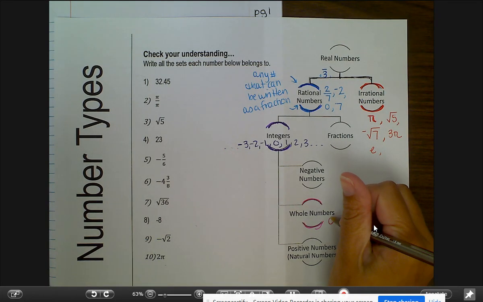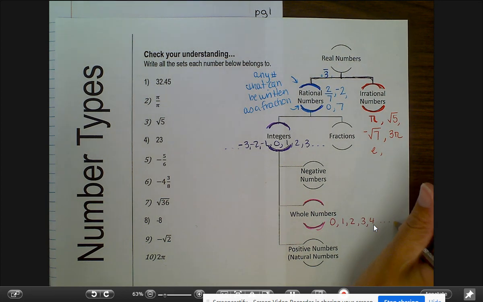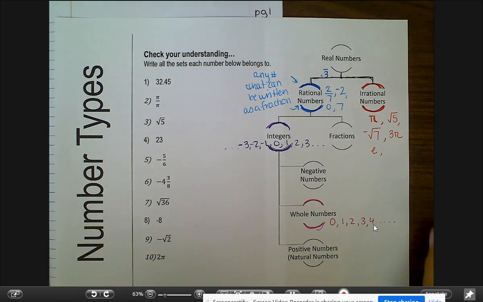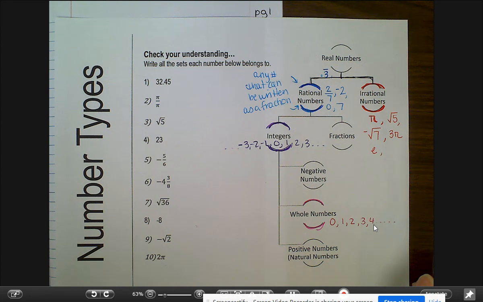So the numbers 0, 1, 2, 3, 4, and so on. Whole numbers are super nice because you don't have to deal with negatives. And for a while, that's all we needed because who needs negative numbers? Unless we're talking about temperature, right? Because eventually it's going to be -10 degrees outside and hopefully we get a cold day, if that's even a thing anymore. Oh my gosh.